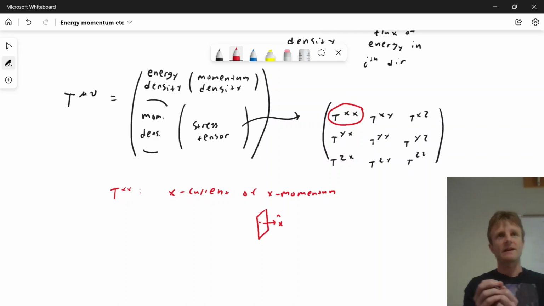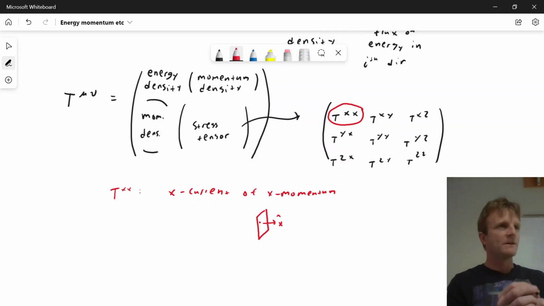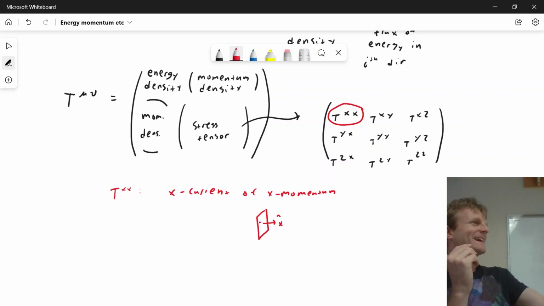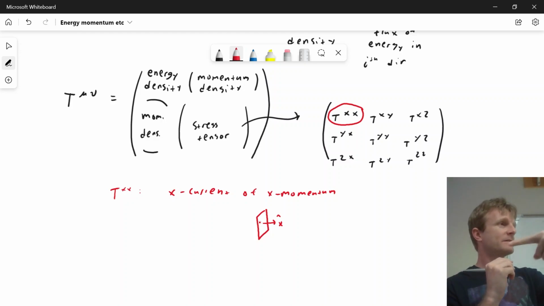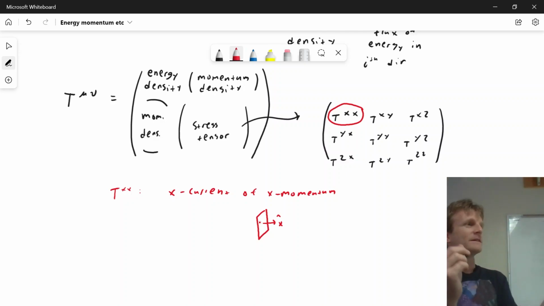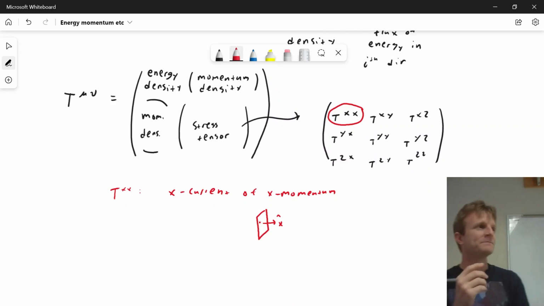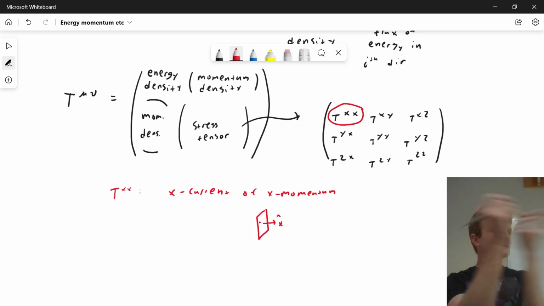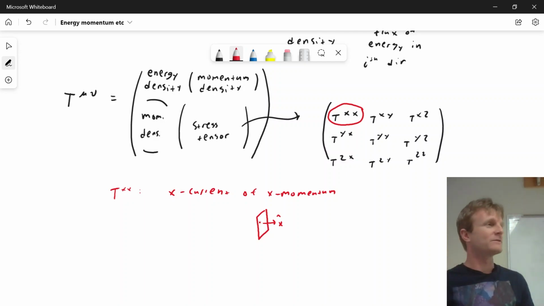But if we're asking about the momentum, the ones moving this way are carrying positive x momentum this way. But the ones moving the other way are carrying negative x momentum that way, which is the same as positive x momentum this way. So it's actually counting both. That's a sort of difference. So it's really counting the total amount of momentum that's moving around in this patch of area.